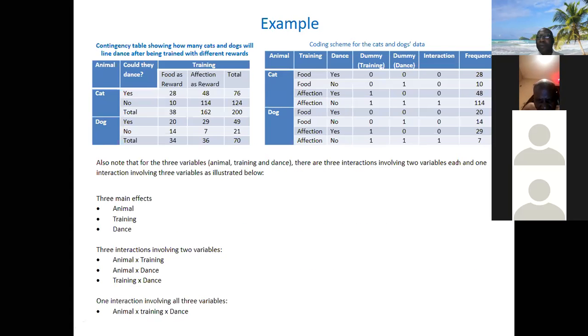So what he's saying is that if animal does not have effect, the interaction of animal anywhere cannot have effect. If training does not have effect on its own, the interaction cannot have effect. If dance does not have effect, interaction cannot.